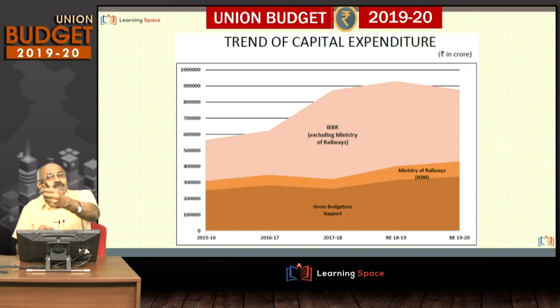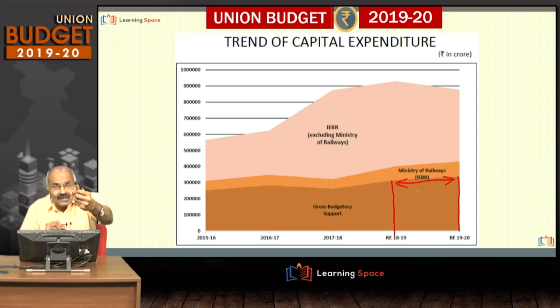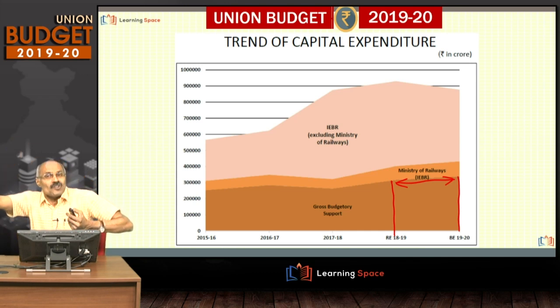Then trend of capital expenditure. Here you see, if you look at the gross budgetary support, revised estimate for 2018-19, budget estimate for 2019-20, here you see in absolute terms, there is not much increase, and we will do it in the critical appraisal. So friends, government is not in a position to spend more on its own for capital expenditure.